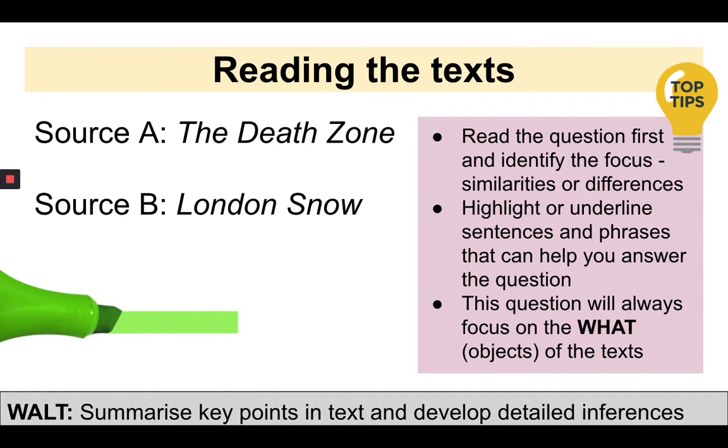So two texts. These are quite common texts that you would find for AQA as well. One of them is going to be pre 20th century. This one, source B, is in the 1800s, described in London, and the other one will always be a little bit more modern.